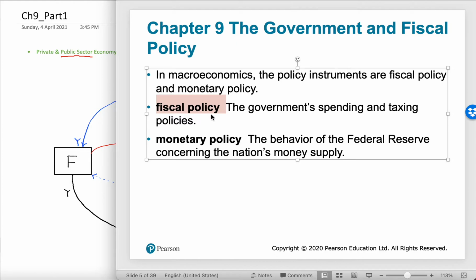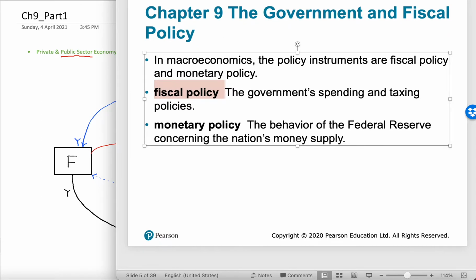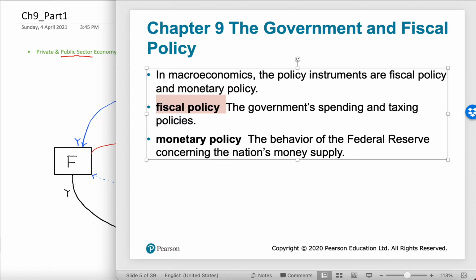This is called fiscal policy, the way that the government is changing its government spending or the taxes. If they change these two components, then it's going to be affecting the economy.